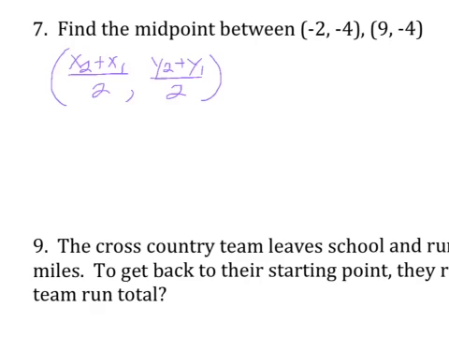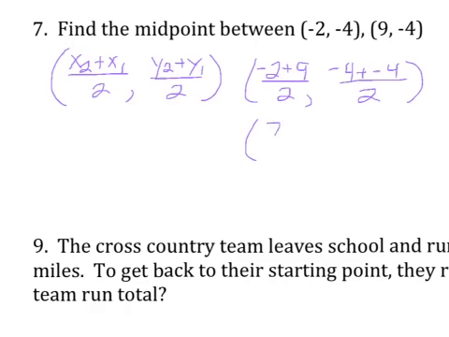Basically, we just take our two x terms and we add them together, divide that answer by 2, and the two y terms, add them together and divide that by 2. So -2 plus 9 is 7 over 2, and -4 plus -4 is -8 over 2.